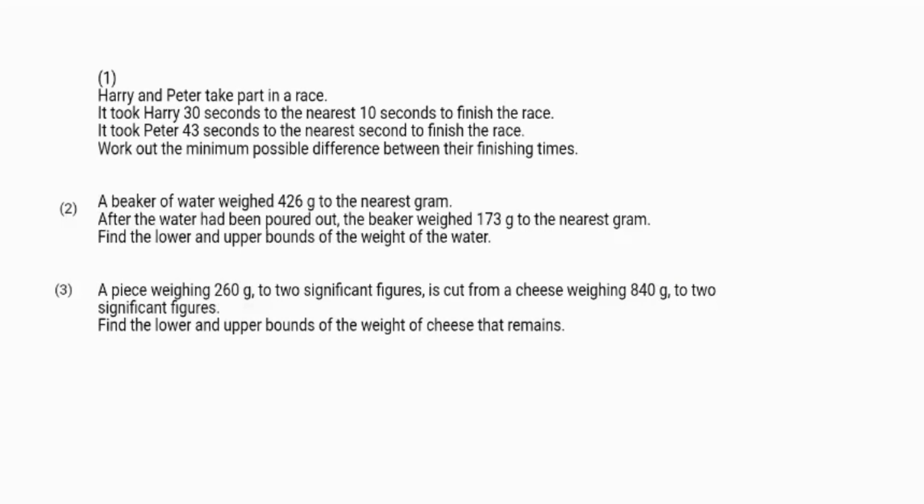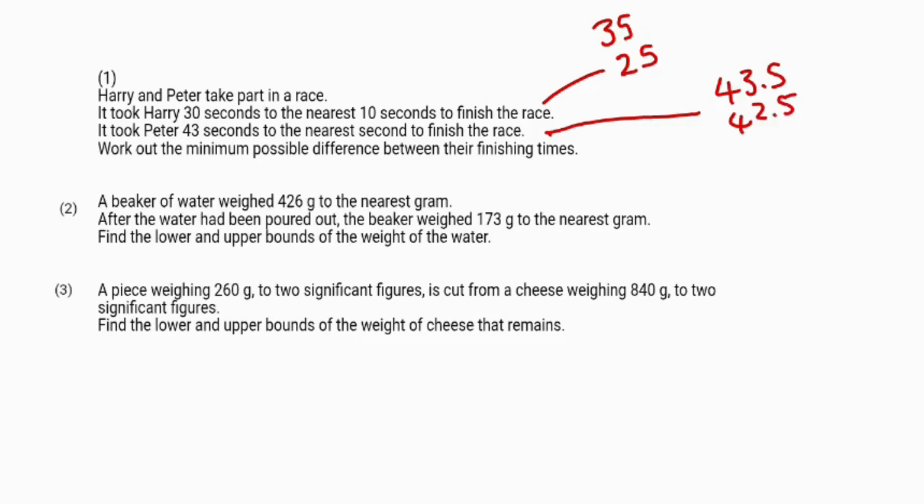Okay, maybe have a go at these 3 questions. Put me on pause, unpause when you're done. Okay, so Harry's upper bound and lower bound, 30 seconds to nearest 10 seconds would be 35 seconds, 25 seconds. Peter's rounded to the nearest second, upper bound would be 43.5, lower bound would be 42.5. Minimum difference.